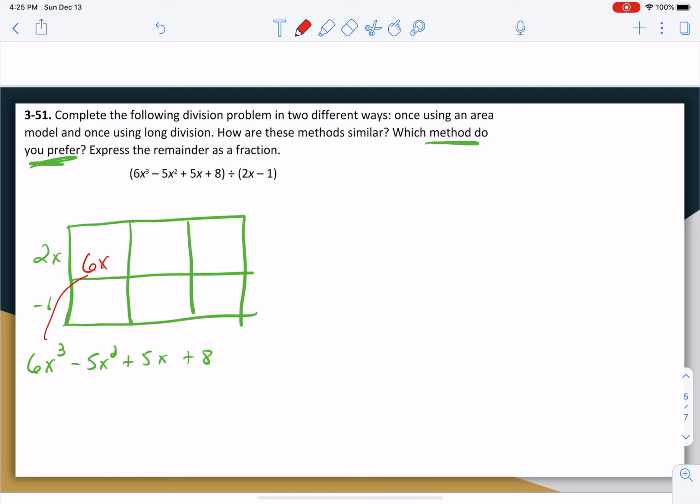So I start with my 6x cubed. Working backwards.